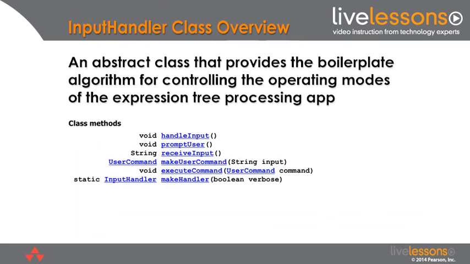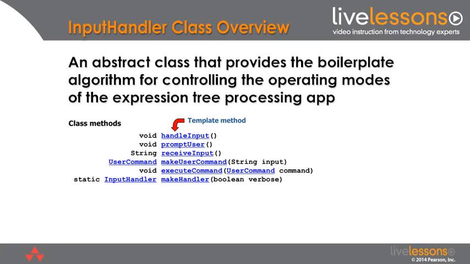So let's talk a bit about our input handler class. This is an abstract class that provides the boilerplate algorithm for controlling the operating modes of the expression tree processing app. There's a number of methods that are defined here. HandleInput is the core template method. We could have defined this method to be final, but we left it non-final to give ourselves a little leeway in case we decide to change the actual algorithm itself. But typically, the template methods don't need to be virtual at all. They can often be non-virtual.